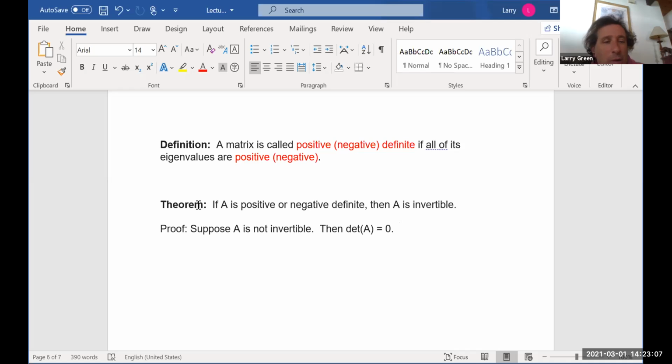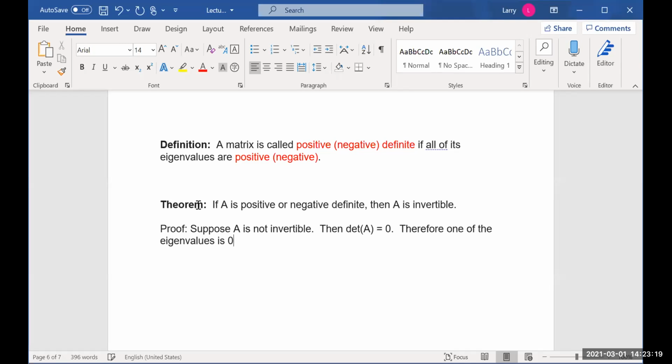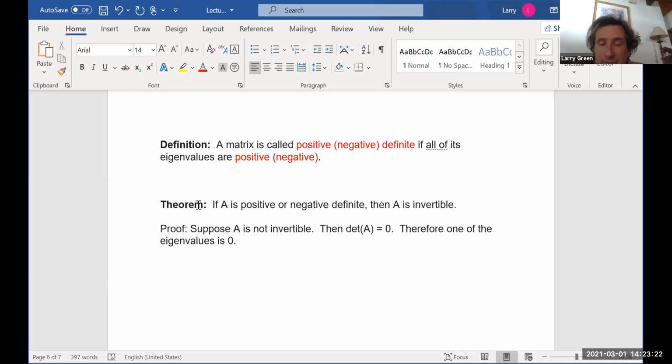What do we know about one of the eigenvalues if the determinant of A equals 0? One of the eigenvalues is 0, right? Because if the determinant of A is equal to 0, by TFAE, we know the null space of A must be non-trivial. So there is a vector v such that Av equals 0.